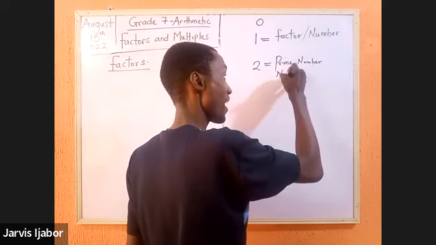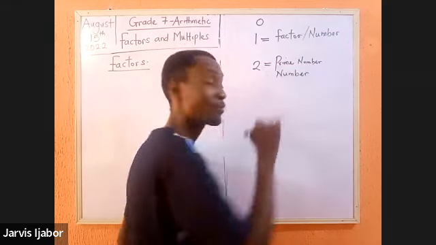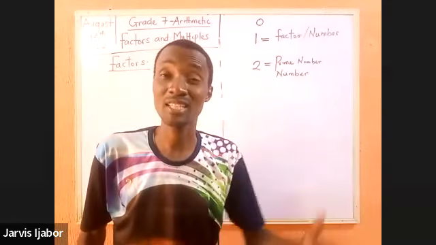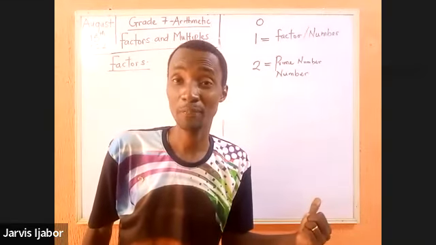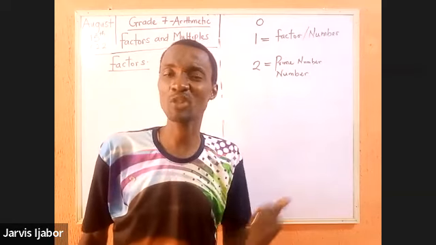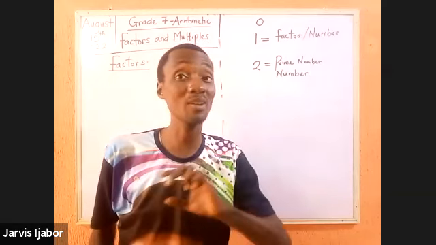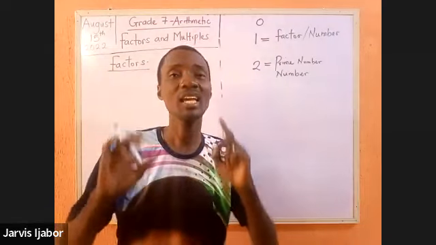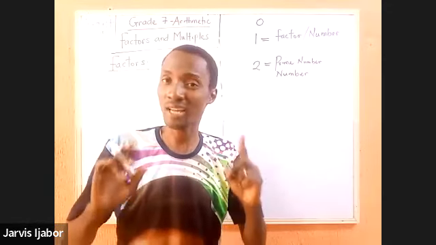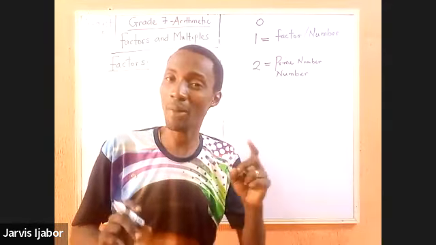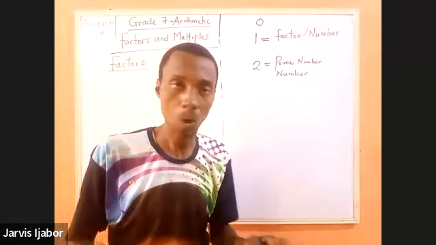Remember, for it to be a prime number, it must first of all satisfy the condition of being what? A number. And not just any number, a natural number. Take note that the numbers we are talking about at this level are essentially natural numbers. What are natural numbers? Whole numbers that are positive. All right.